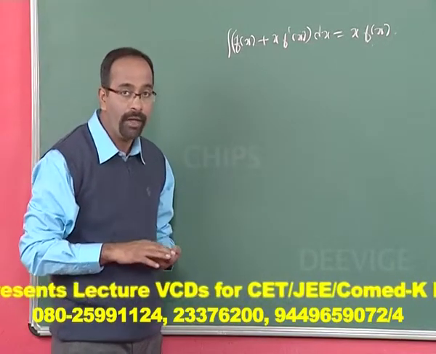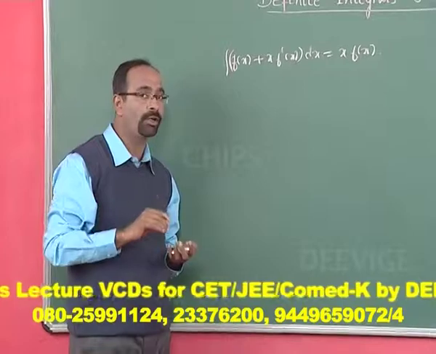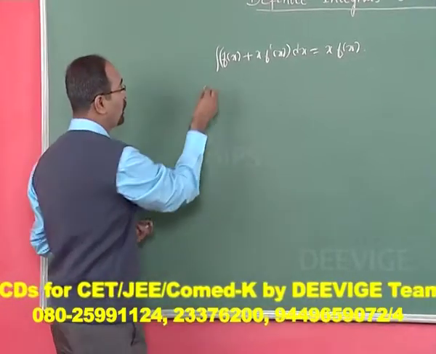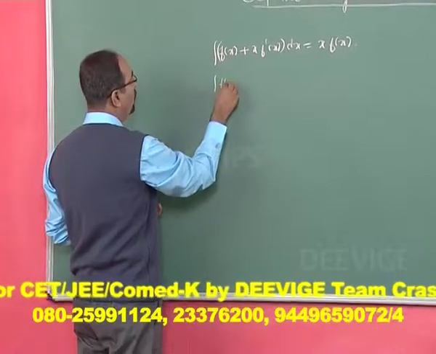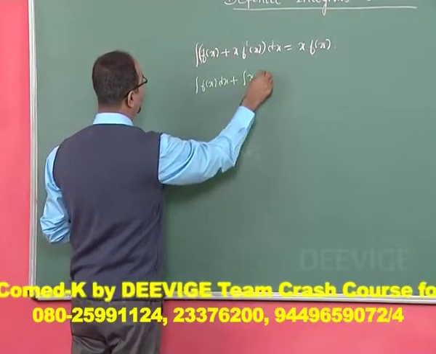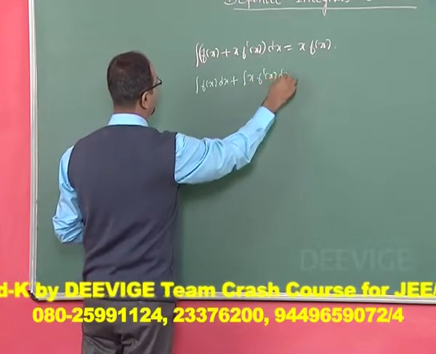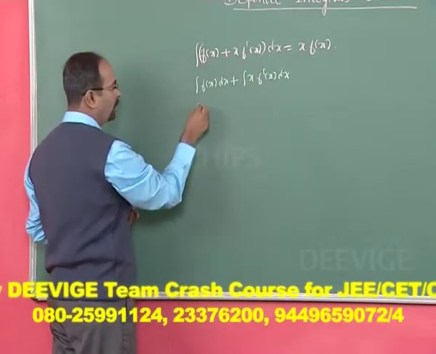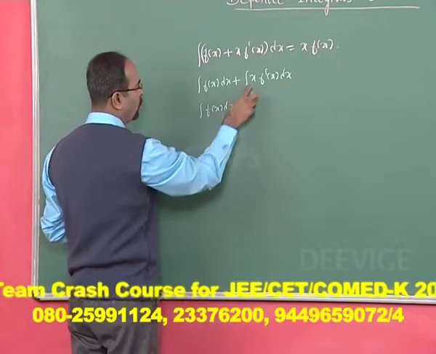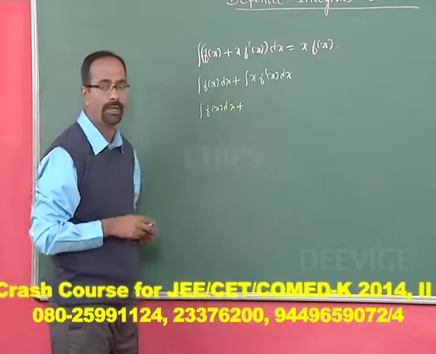As you are not aware of this property, let me give you the proof for this, which is just 2 lines to make you understand. Look at this. This is integral of f of x dx plus integral of x into f dash of x dx. That is LHS. Integral of f of x dx plus you have two functions, x and f dash of x.